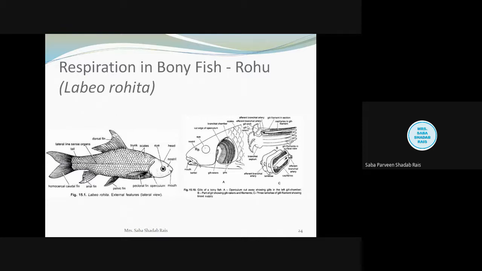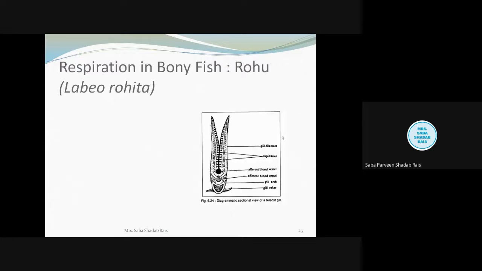So the higher concentration of oxygen is where the water is entering, and thereafter the dissolved oxygen will be taken up by the secondary lamella which are attached to the gill arch. After that, the gill raker will aid the fish for feeding also. So this is the general idea.